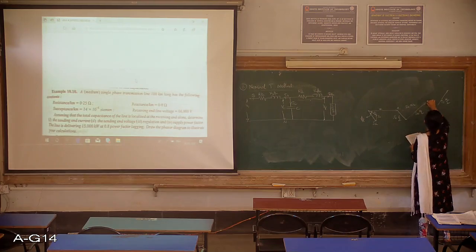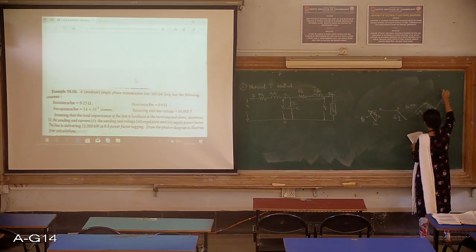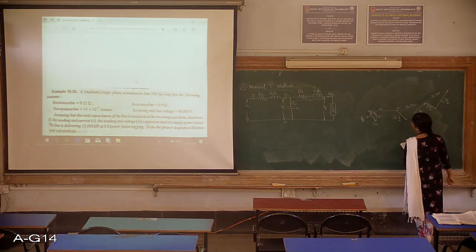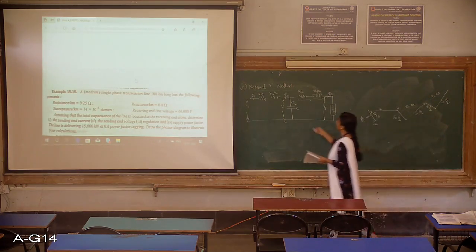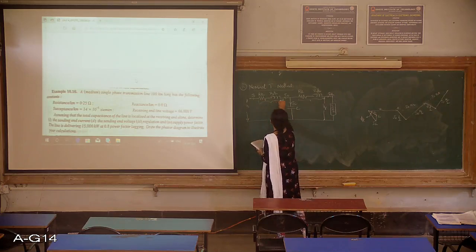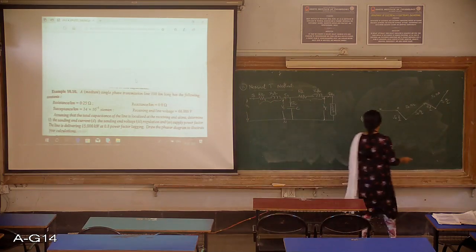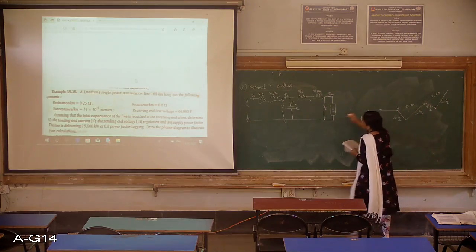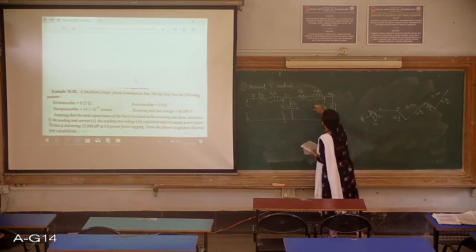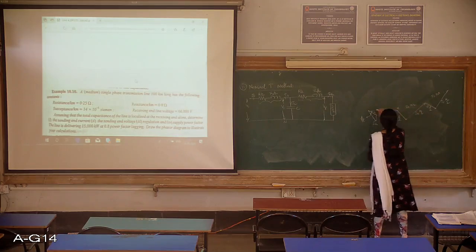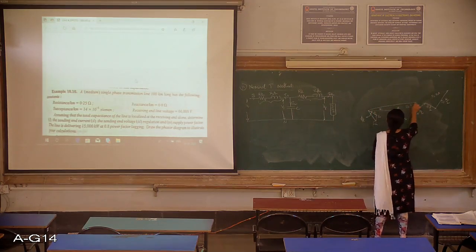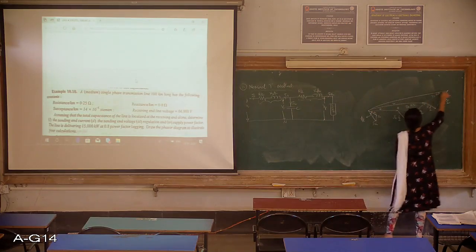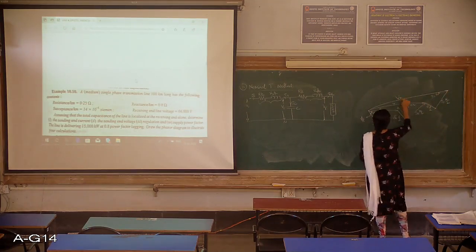This will be IS into Z by 2. I represented this drop now. The resultant is nothing but V1. If I join, this will be your V1, and your final resultant is your Vs.